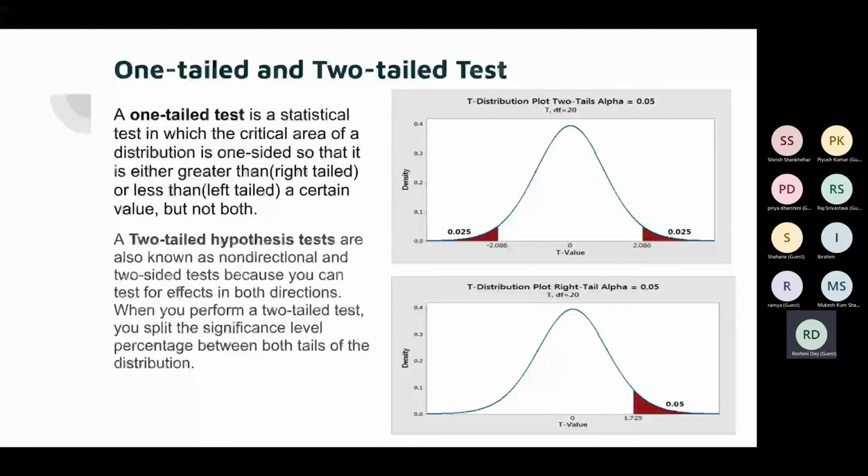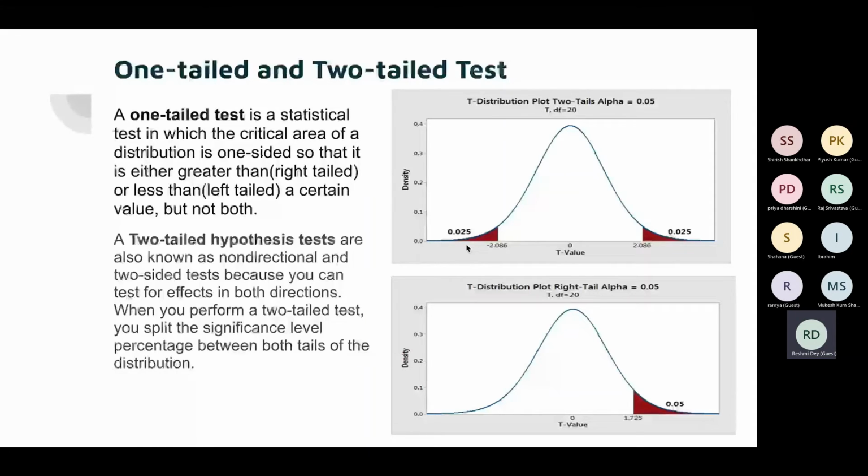Whereas a two-tailed hypothesis is non-directional. I basically give that my population parameter is not equal to a certain value. So I'm not giving you any direction. It can be smaller or it can be greater, but it won't be equal to. So it is split into both sides of the graph, left-hand side as well as right-hand side. That is why it is called the two-tailed test.